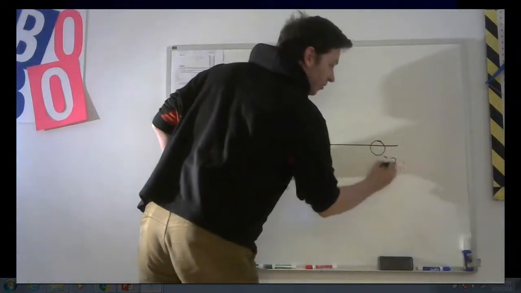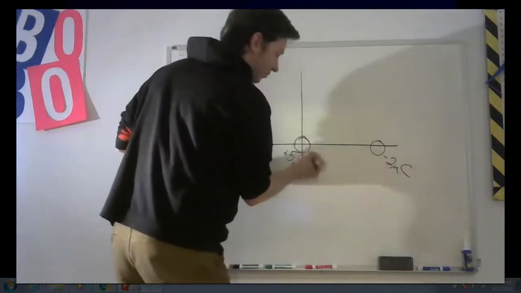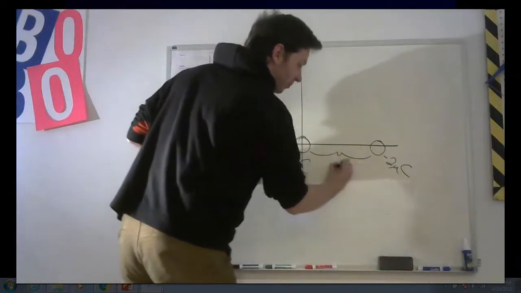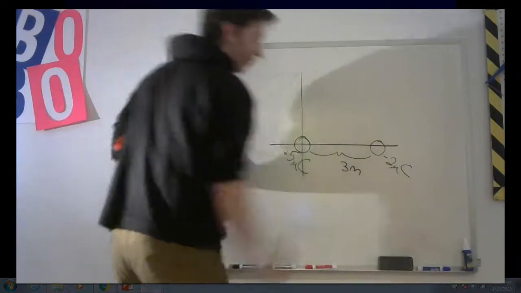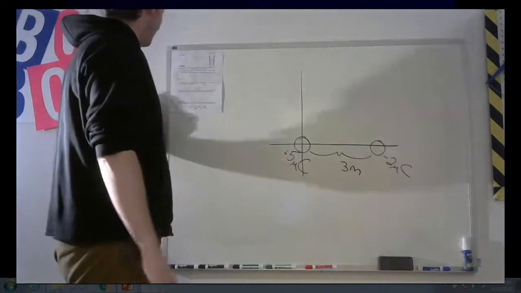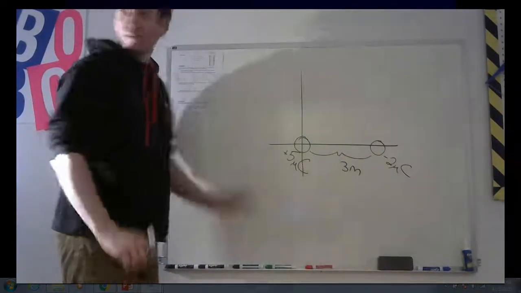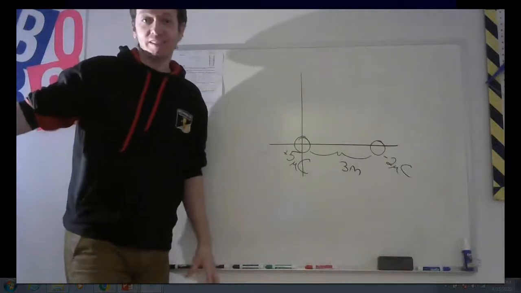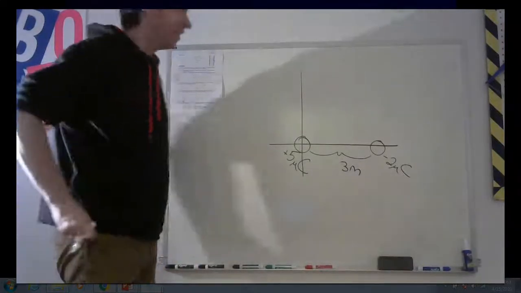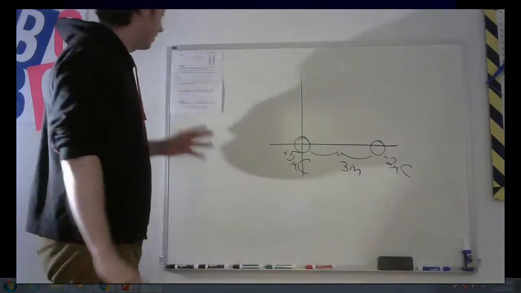So minus 2 microcoulombs, and 3 meaning it is 3 meters away. If the potential is taken to be 0 at infinity, which it would be, because if you're an infinite distance away, if r equals infinity, then your potential goes to 0.